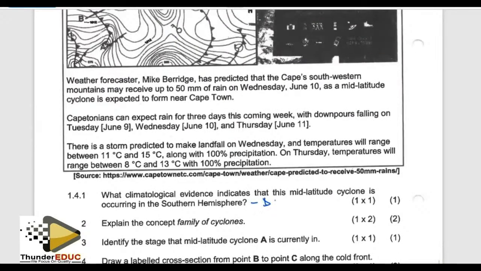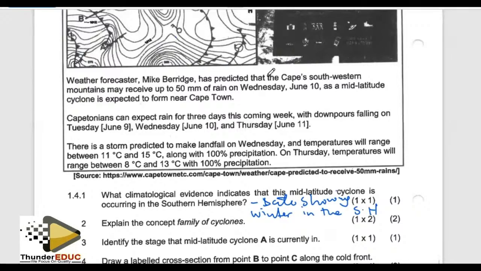Consider date showing winter in the southern hemisphere. So that's showing winter in the southern hemisphere because winter in the southern hemisphere starts somewhere from May, June, July, August. That is still in winter season.